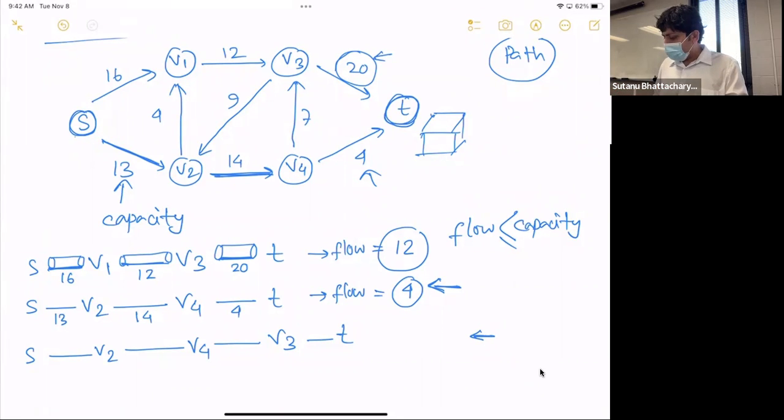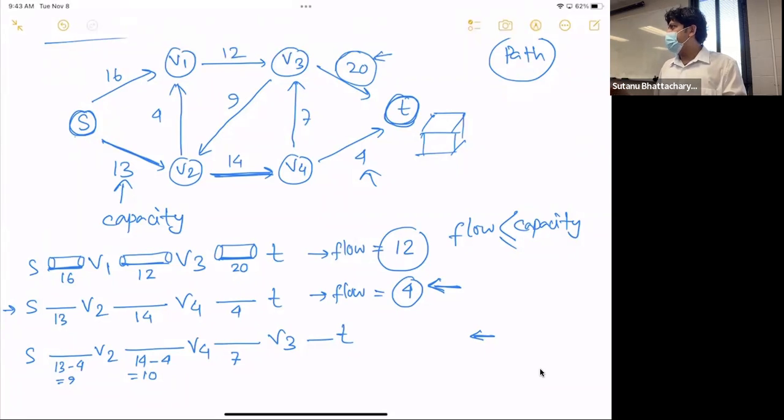We have used the capacity, so the remaining capacity would be 13 minus 4, so 9. V2, V4: previous capacity was 14. We have used 4 for the second path, so the remaining capacity is 10. V4 to V3 is untouched so far, so the capacity is as it is, 7.